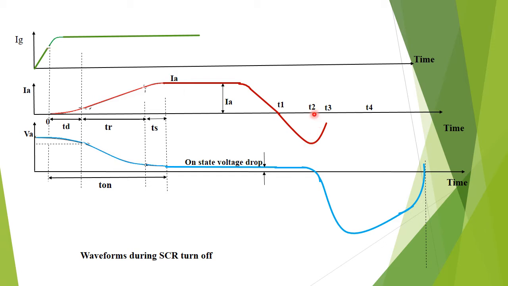This is done by sweeping out the excess holes and electrons from the outer P layer and outer N layer. At T2 the charge density decreases and hence the anode current will start diminishing. It will diminish completely at T3. The time interval between T1 and T3 is defined as the reverse recovery time.